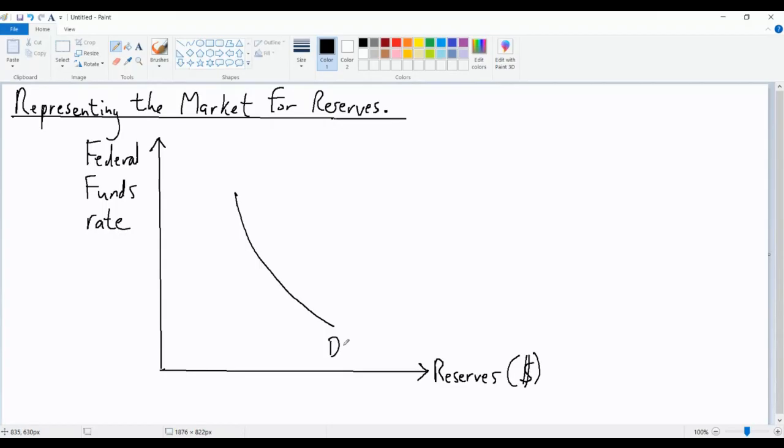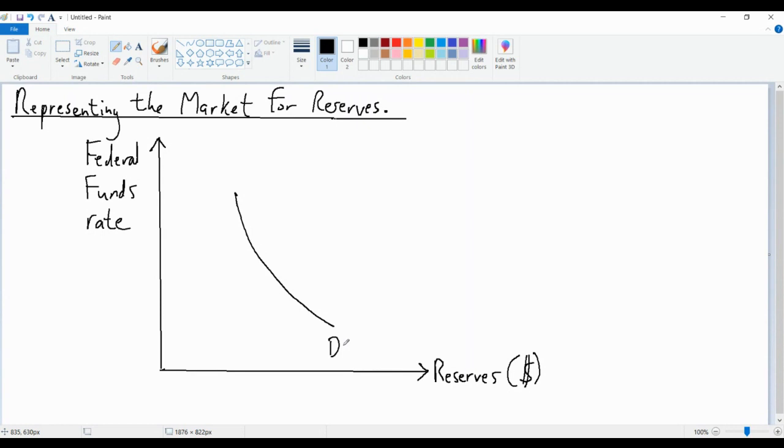Who is on the supply side? On the supply side, we just have the Fed, right? The Fed decides how much reserves there are. They get to decide how many assets to buy and whether or not to lend to banks.